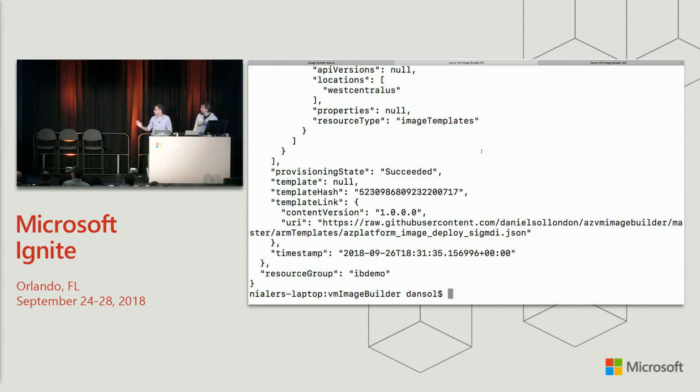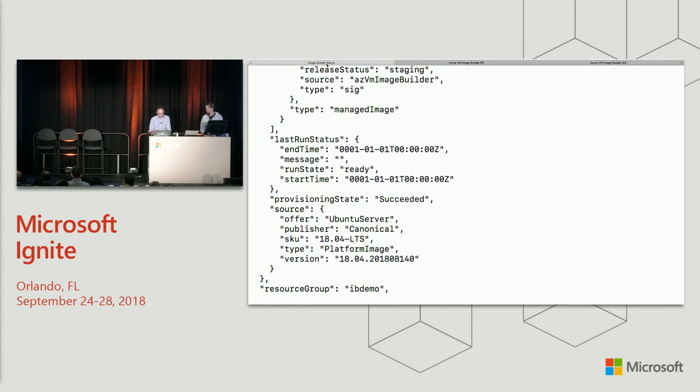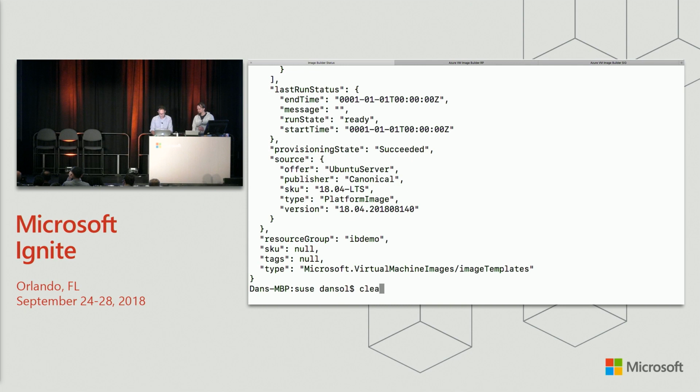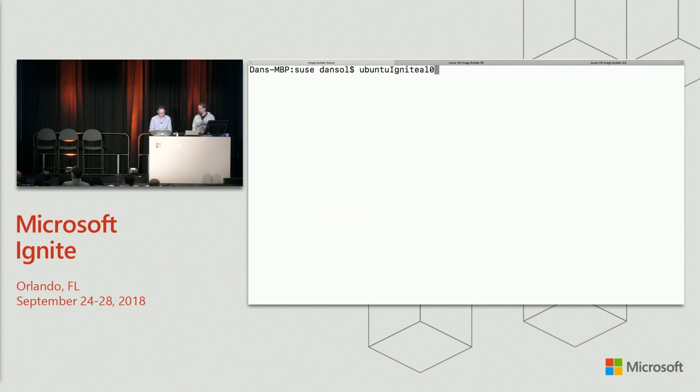Okay, so what you've just seen is now we've actually gone ahead and we've created the image template. When the image template is being created, you can check the status. The way that happens is you pass this generic command here, and essentially you're showing the status for this particular resource.